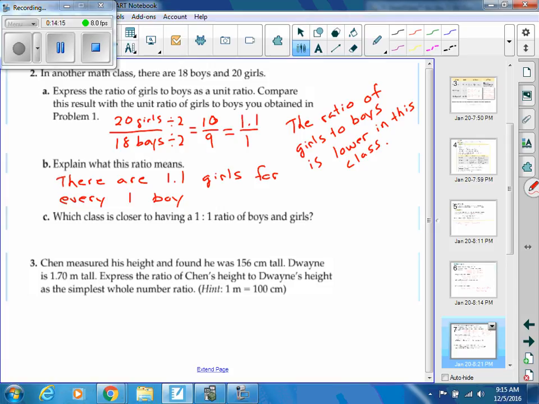Okay, this class is closer than the other class. Again, this class was 1.1 to 1. The other class was 1.5 to 1.